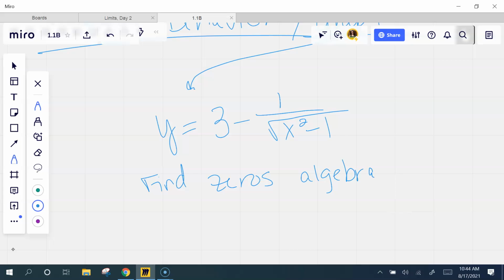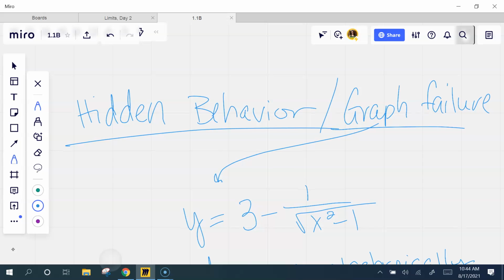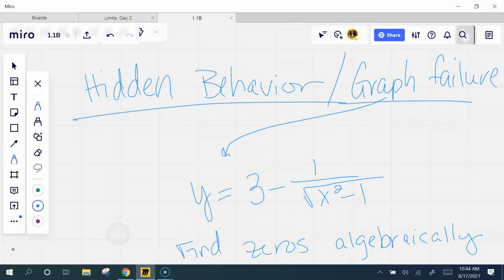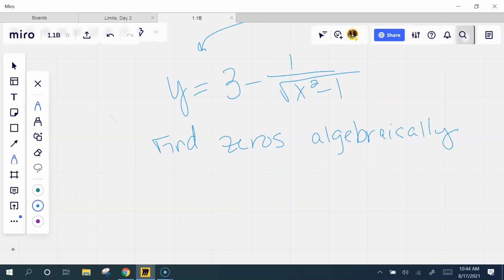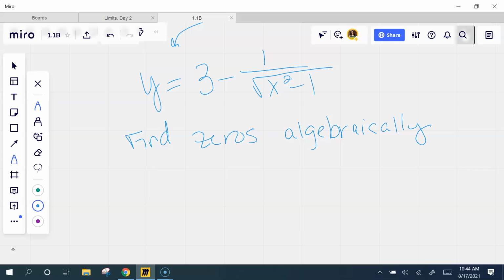What does that mean? What is a zero? A zero is when the... I want you to first find the zeros.